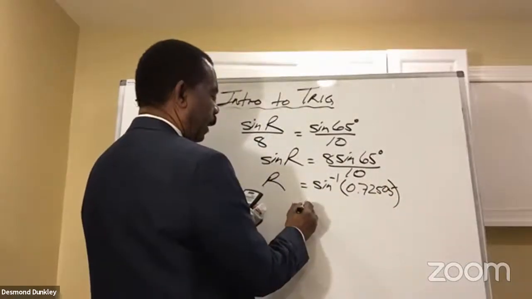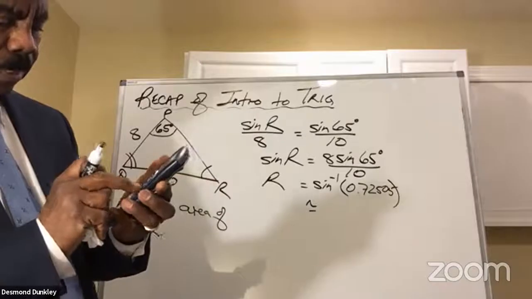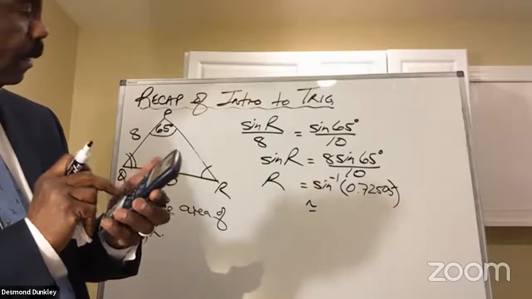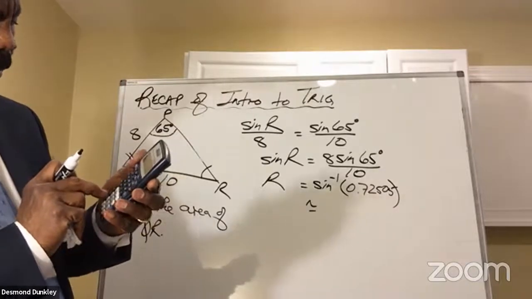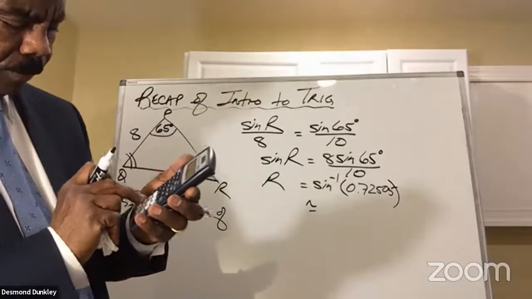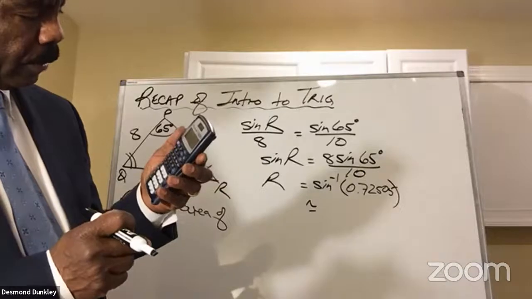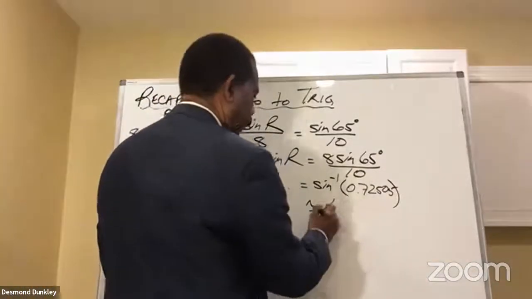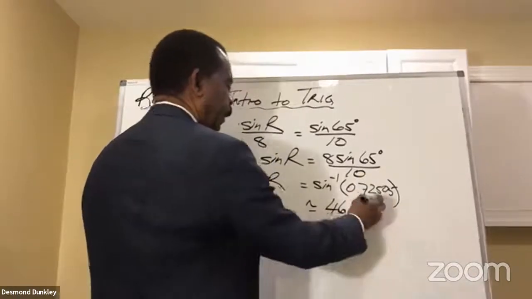So therefore, R is approximately equal to sine to the minus 1 of 0.725046, which equals 46.47 degrees.